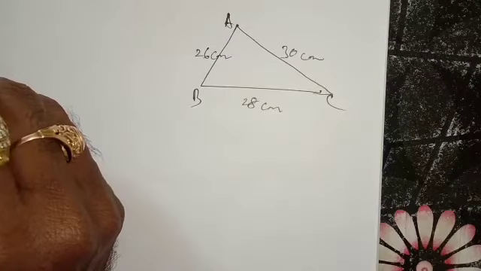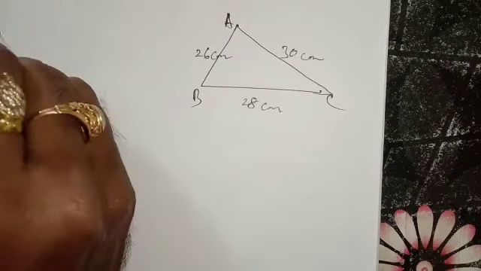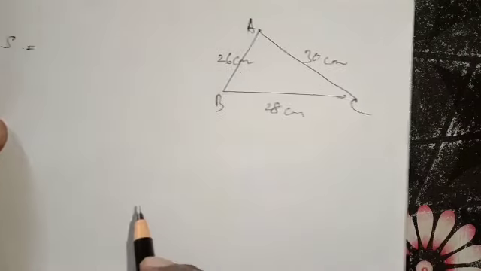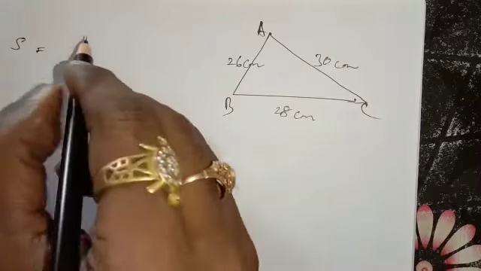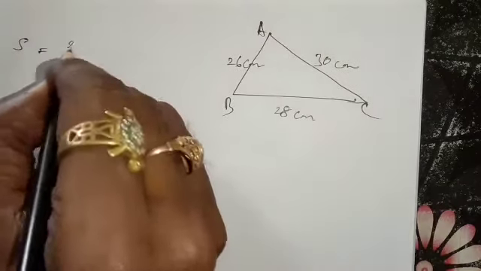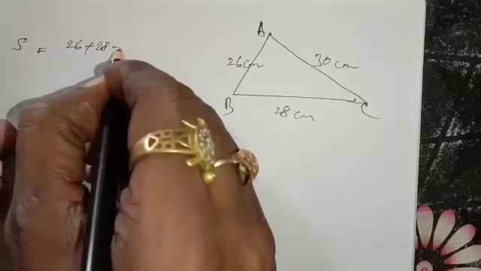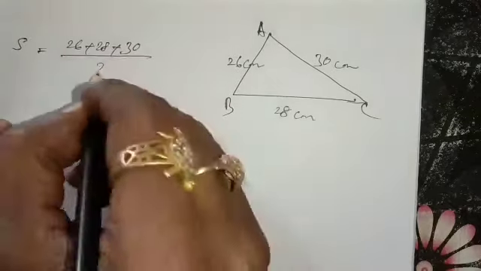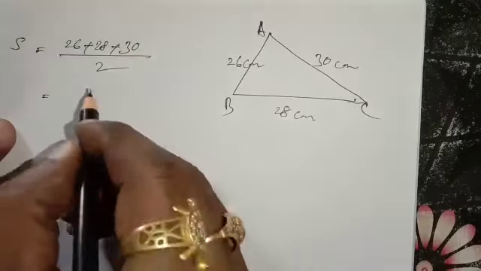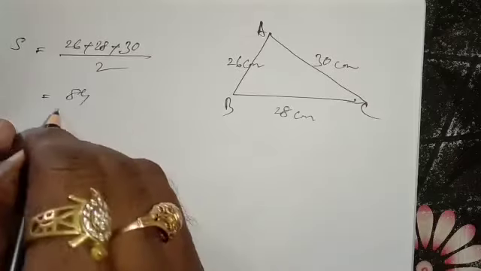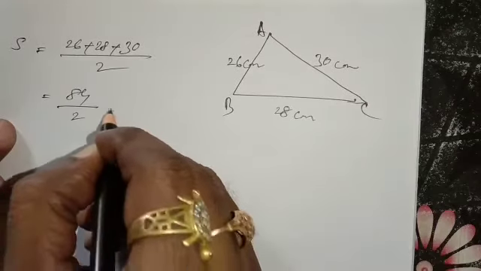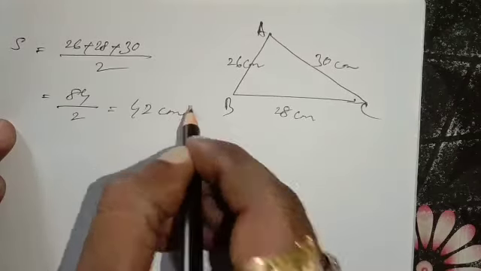having three sides. So first to find S means semi-perimeter. S is equal to semi-perimeter. Sum of three sides 26 plus 28 plus 30 by 2. How much coming? 84 by 2 means 42 centimeters.